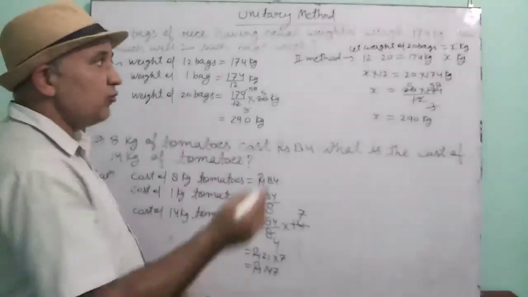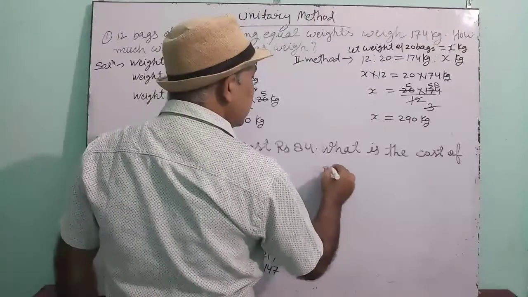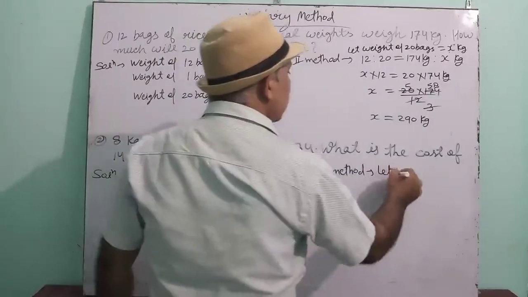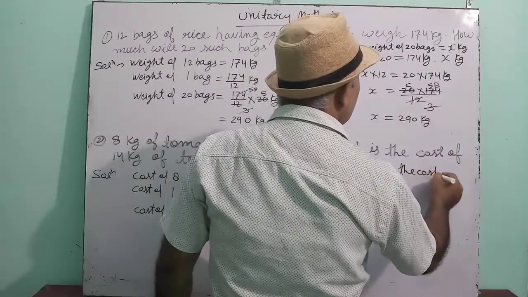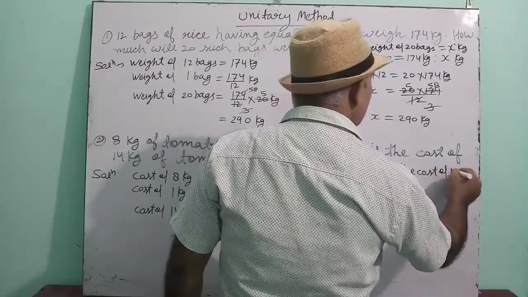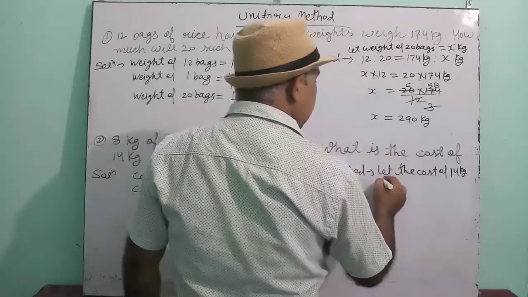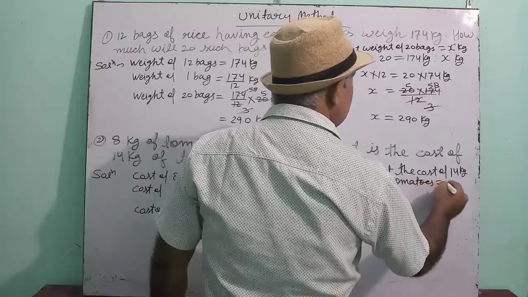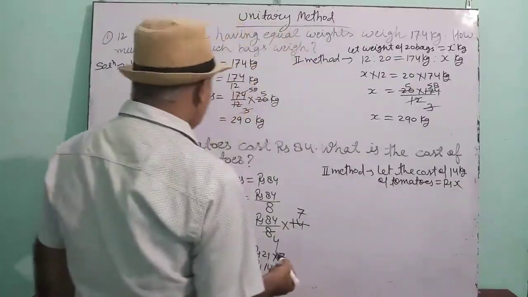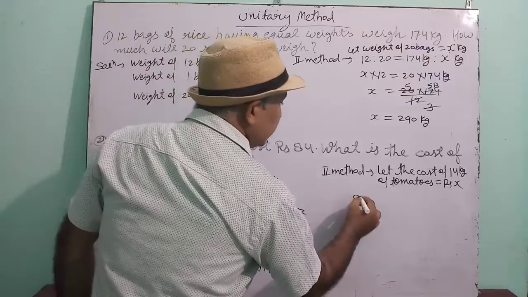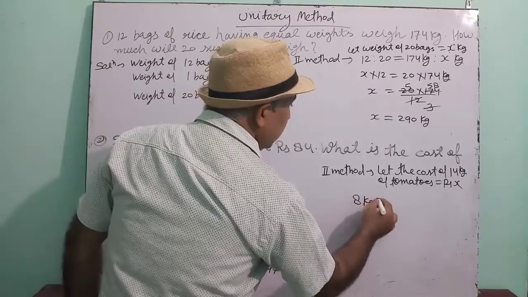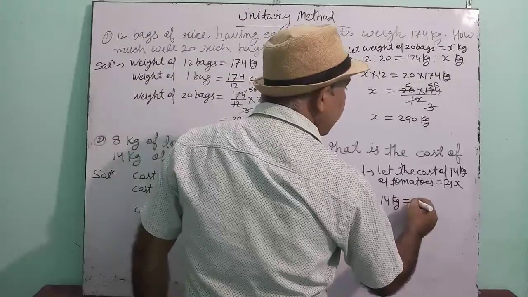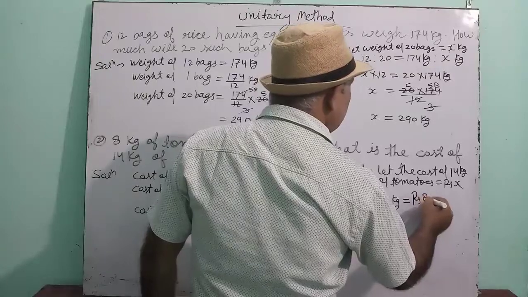If same question you want to do by ratio method, then let the cost of 14 kg of tomatoes is equal to rupees X. Okay, then ratio of weight 8 kg ratio 14 kg will be equal to ratio between cost.